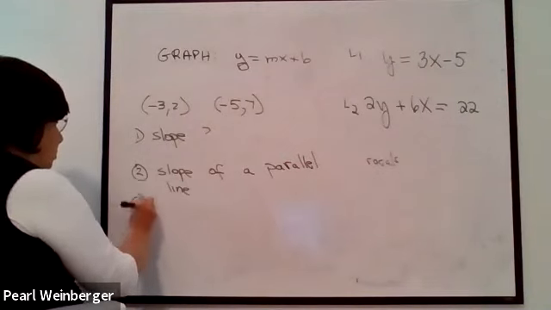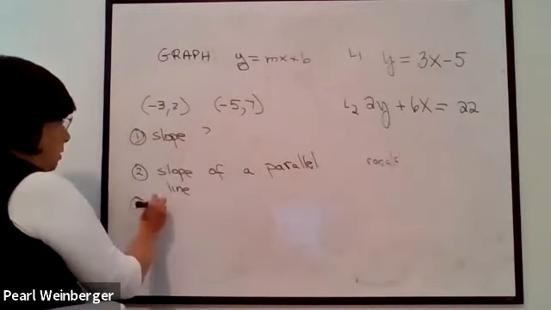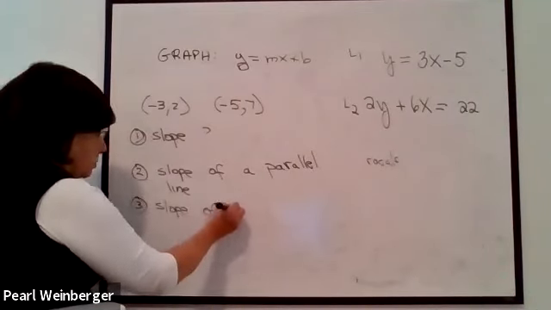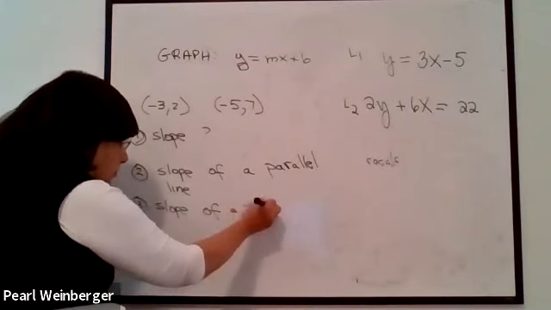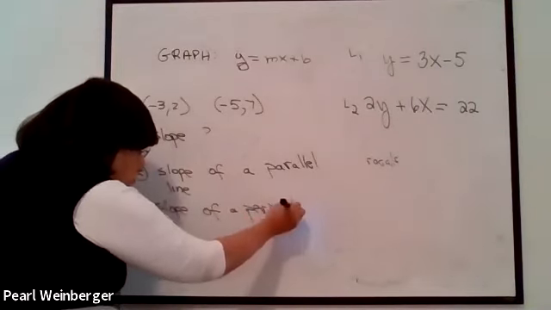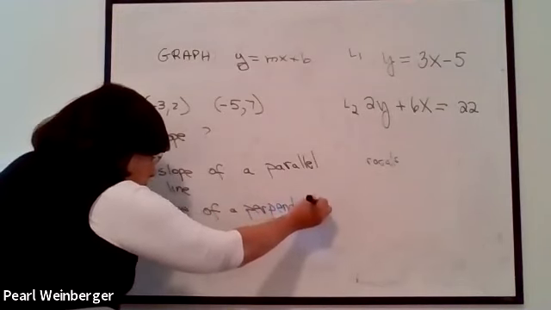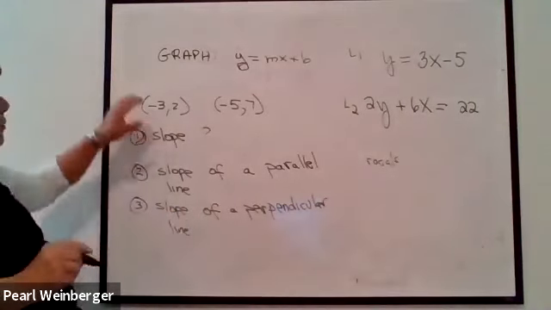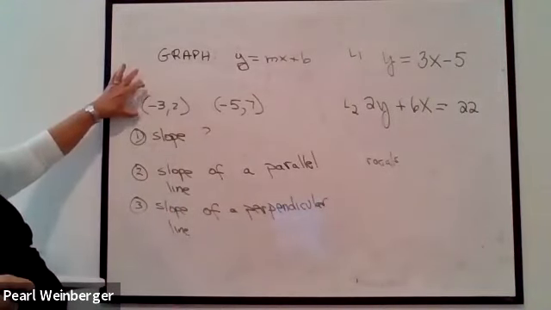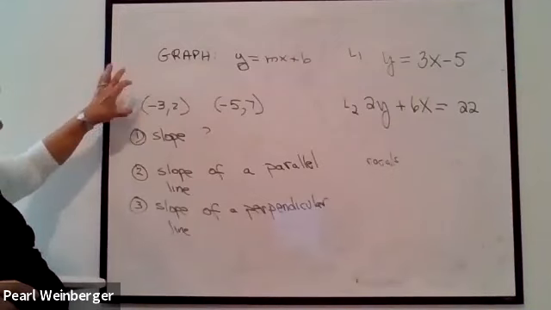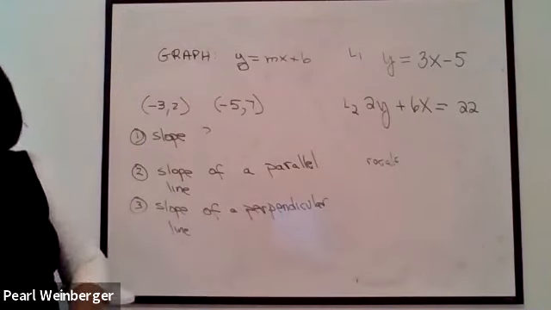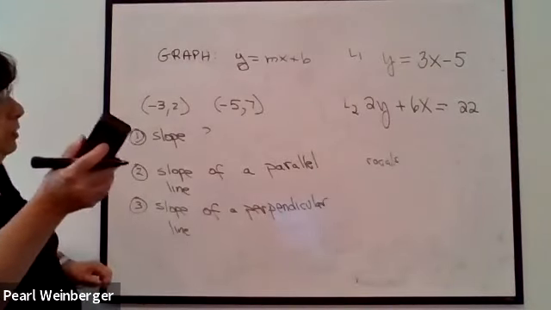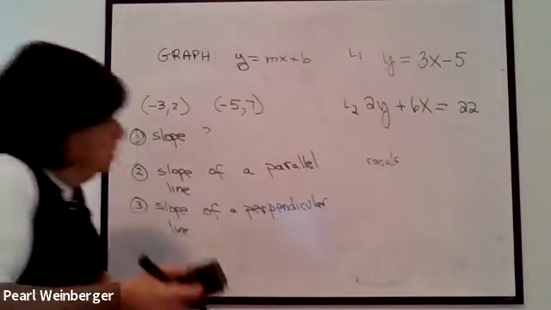And third, find the slope of a perpendicular line. Okay, so I want you to find the slope of the line that joins these 2 points. Then tell me if you had a line that was parallel to it, what would its slope be? And if you had a line that was perpendicular to it, what would its slope be?